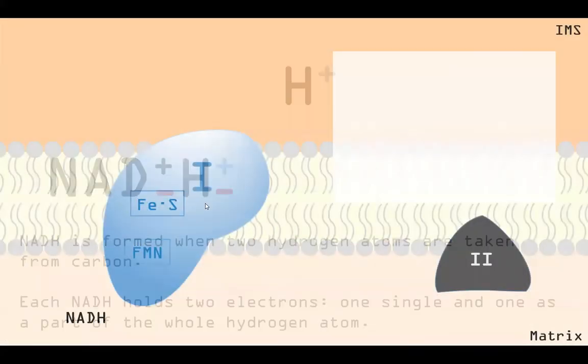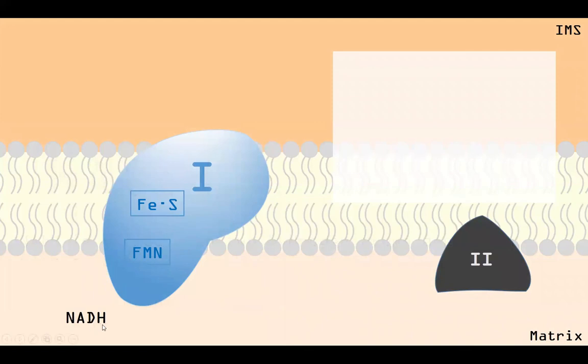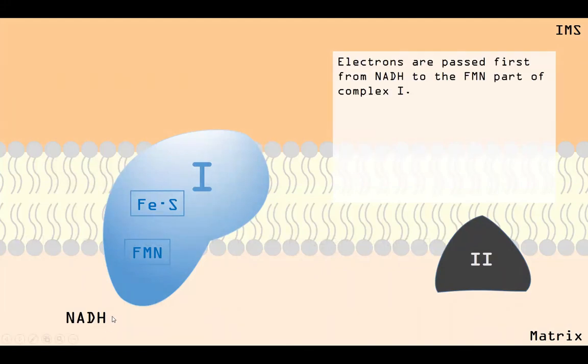Let's go back to complex 1. Here's our NADH. We know that secretly there are 2 electrons here. So electrons will be passed first from NADH to our flavin mononucleotide part of complex 1. As we do that, the electrons are passed. Remembering that we had that sort of spare proton hanging out with our electrons, we also have NAD+.